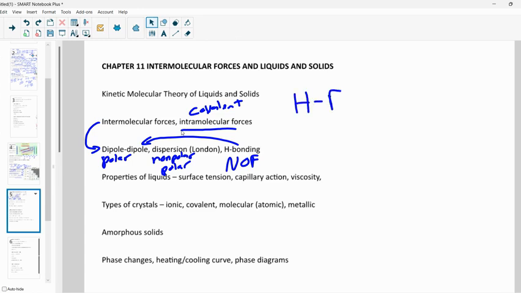So I could have something like HF, and then I can have O bonded to H, and then the neighboring N, O, or F to it. Normally we just show water molecules, usually hydrogen bonding to each other, right? Something like this. But we could also have HF in there. Those tend to be really strong attractive forces.